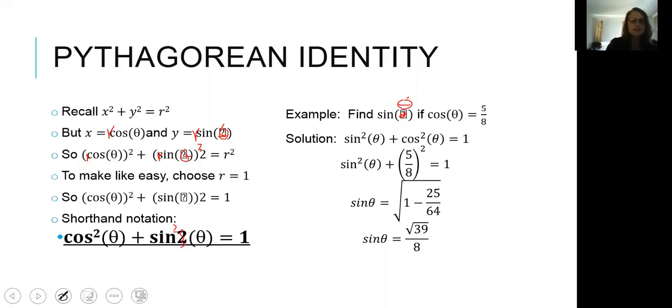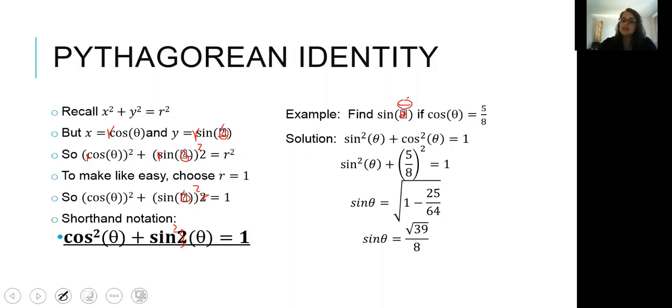To make life easier, we could do this with algebra, but we're just going to choose a number for the radius, which is 1. This will work for any radius. And we do that, and we get that, sure enough, the cosine squared plus the sine squared of any angle is 1.